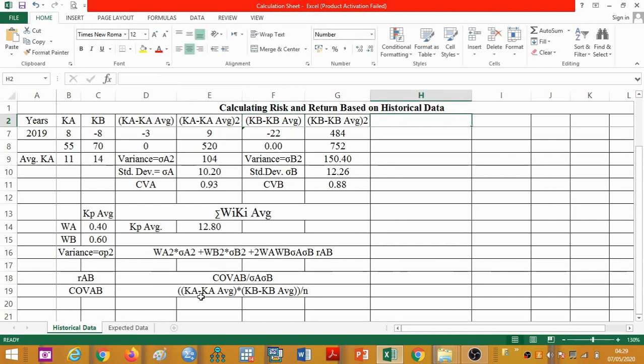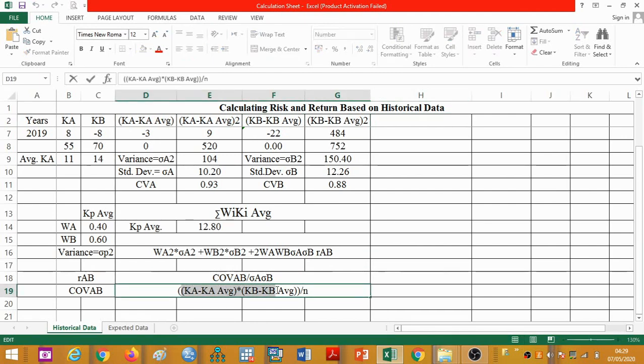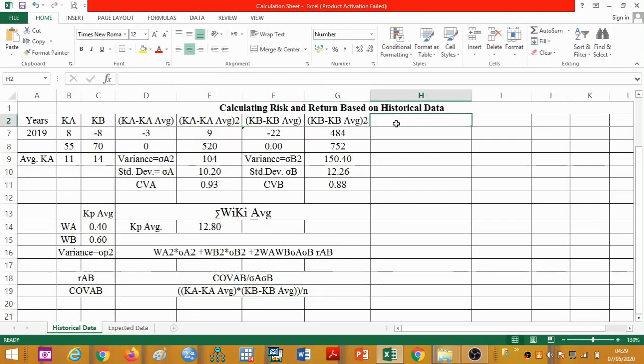So if I just simply copy these, Control C, let me put the sum to it as well. That is, let me put this values first here, so that then we can calculate it.